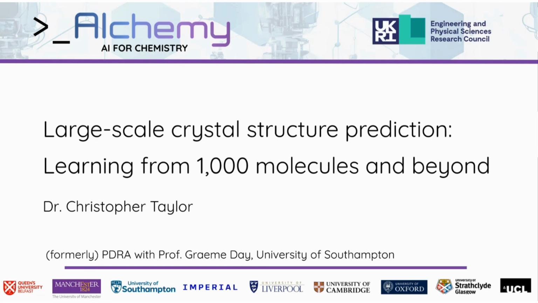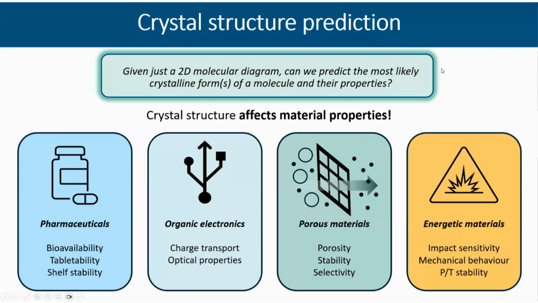So when I say crystal structure prediction, what do I mean by this? The fundamental question in crystal structure prediction is, if we are given just the 2D molecular diagram of a molecule, can we predict the molecule's most likely crystalline forms, and I say forms, there can be more than one, as many know, of that molecule and the properties of those crystalline forms? Now, this is important because the crystal structure affects the material's properties, unsurprisingly.